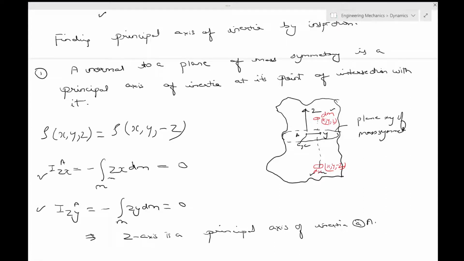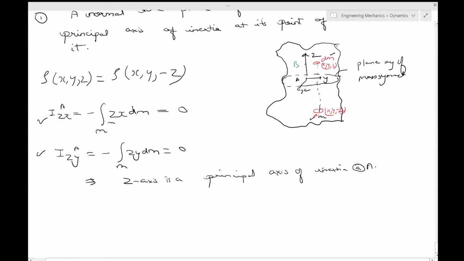Now if you take some other point like this, B, with the same mass symmetry, in that case the Z axis is not a principal axis of inertia at B. If it has to happen at B, then this plane of symmetry has to pass through that.